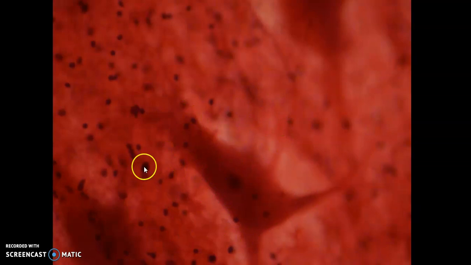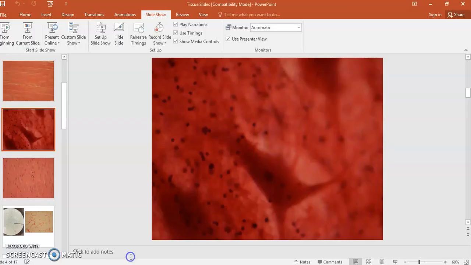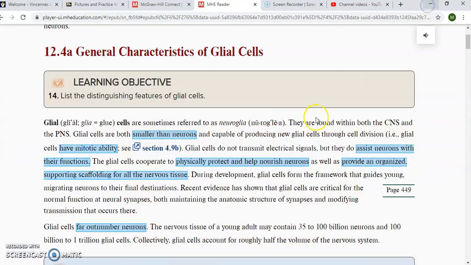And then these little dark spots that you see, those are the nuclei of glial cells. You can see that there's one neuron in this picture, and then there's quite a few glial cells. So the glial cells definitely outnumber the neurons. There are always more glial cells than neurons in our nervous tissue.